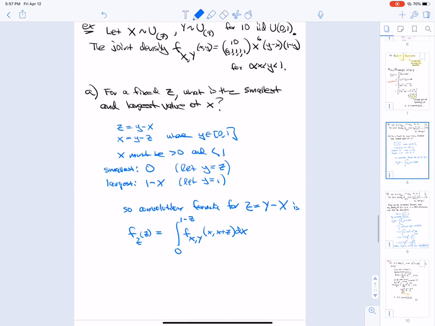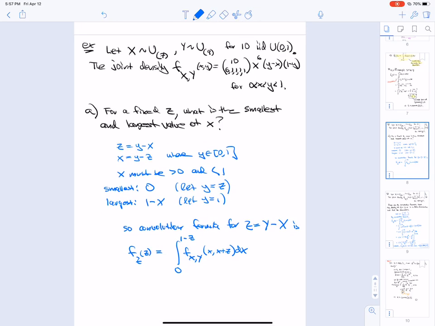Now, as someone remarked, because x is actually the 7th order statistic, x can't technically be 0, but smallest in the sense of a limit. So there actually is no smallest, but in the sense of a limit, 0 is the smallest. It's the limit of smallests, I suppose.